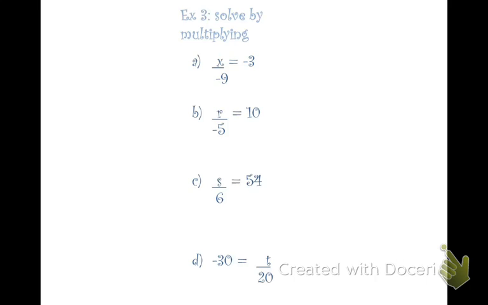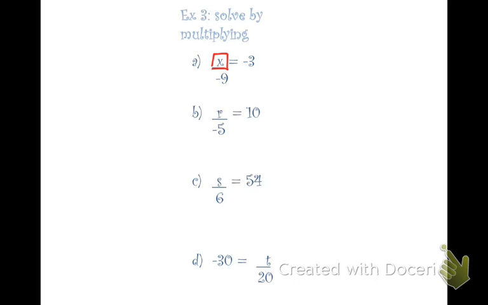Okay, so again, I'm going to box up my variable, and that's x on the A one. You figure out what is attached to the variable, and that would be negative 9.